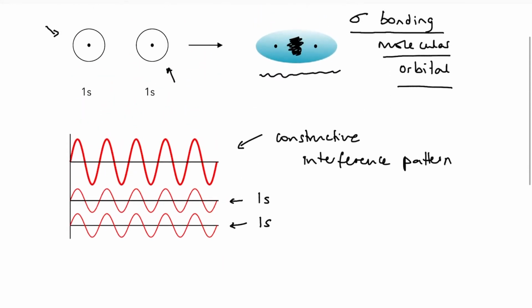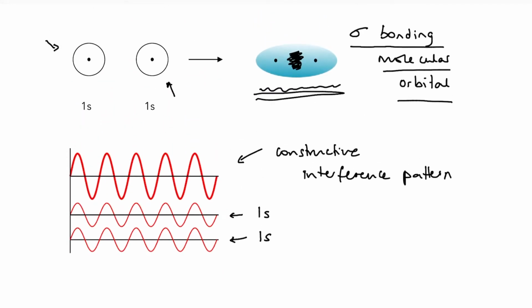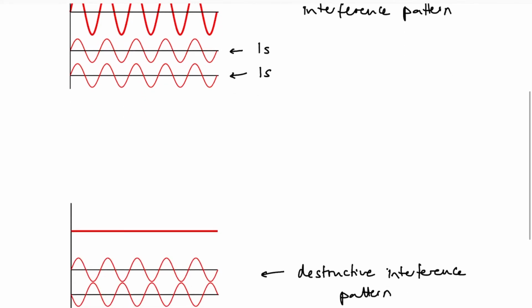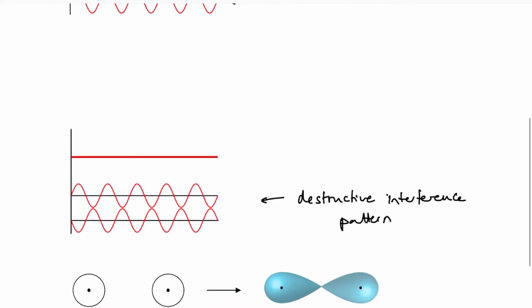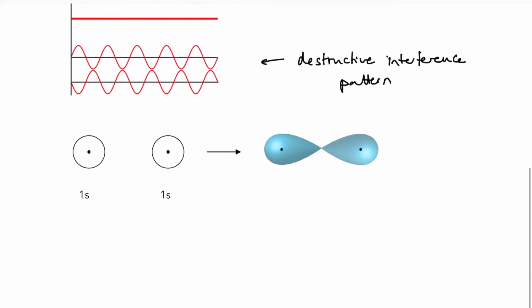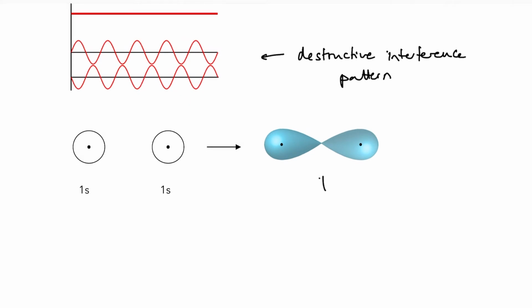We end up with our sigma bonding molecular orbital with electron density greater between the two nuclei. And by combining the wave functions in an out of phase or destructive way, we also end up with a sigma antibonding molecular orbital.